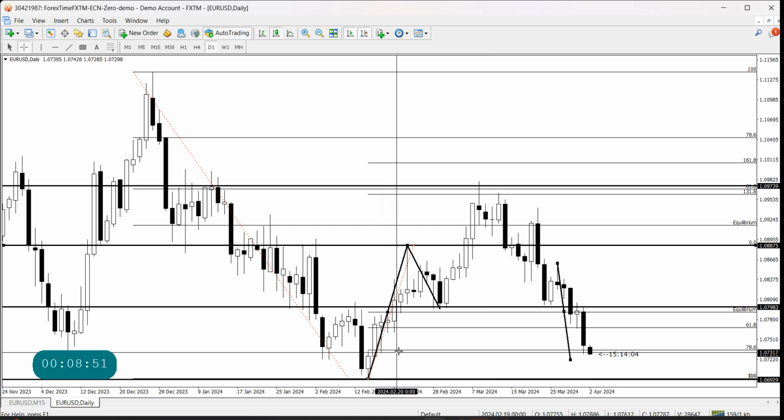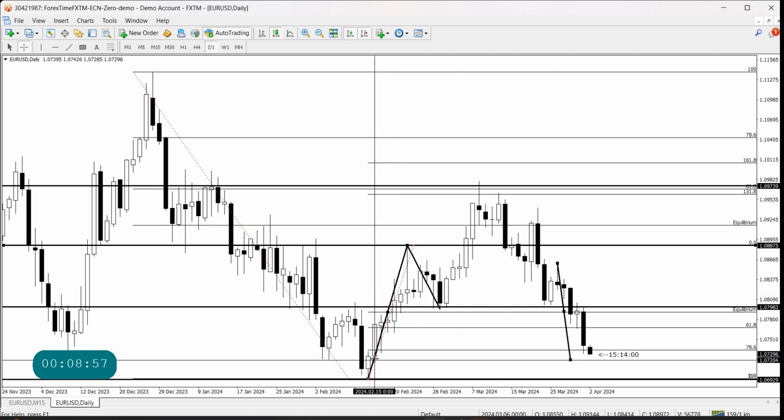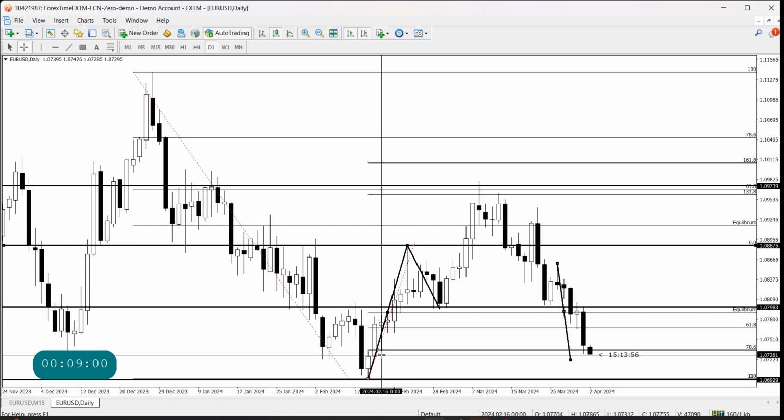it might end up being a pin bar the way this guy is. But I know there'll be liquidity to grab and a move to the upside, and that move to the upside would have to reject here. This is what I'm talking about.